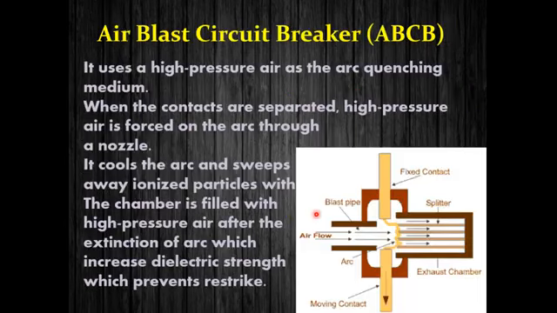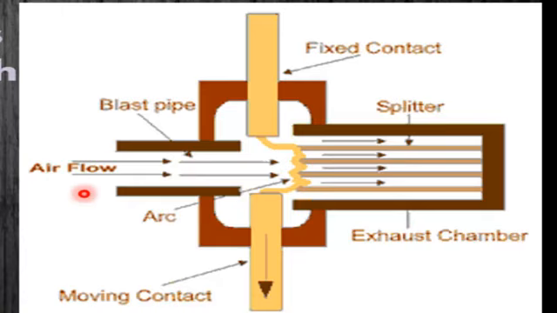Then comes the air blast circuit breaker, ABCB. It uses high pressure air as the arc quenching medium. When the contacts are separated, high pressure air is forced into the arc, which pushes the arc and elongates it into the splitter.